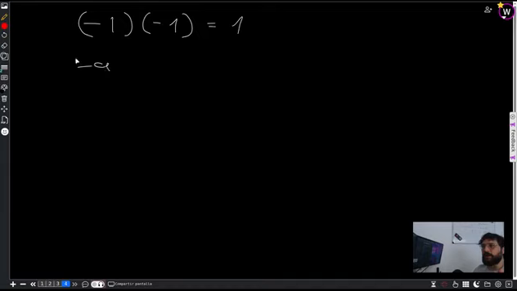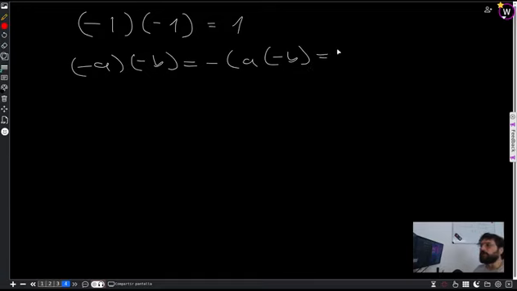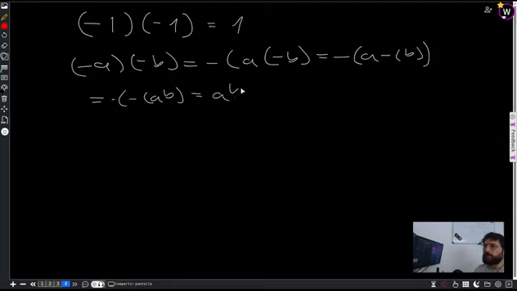So if we had something like minus a times minus b, this is equivalent to saying minus times a times minus times b. It is exactly the same thing. And we could also express it as minus times minus ab, and this is ab, because the two negatives cancel.